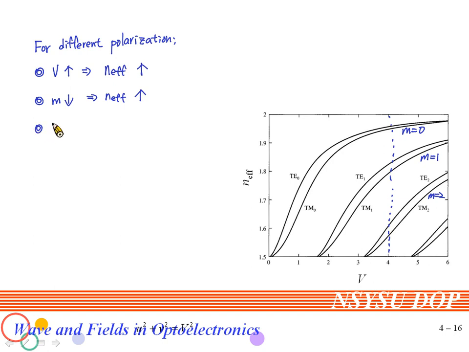Besides, for the same value of normalized frequency, consider the same mode order. We can find that the effective index of the TE mode, so I shall write it like this, the effective index of the TE mode will be larger than the effective index of the TM mode.